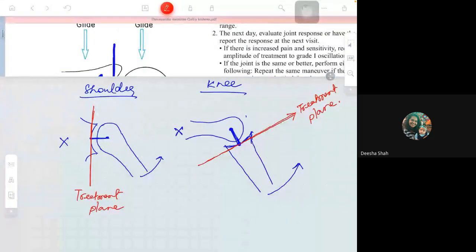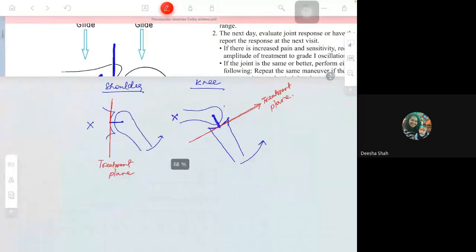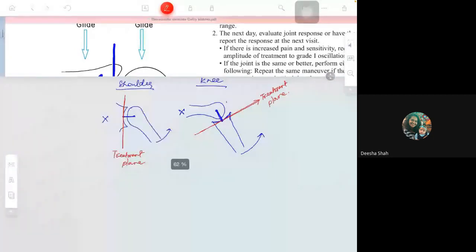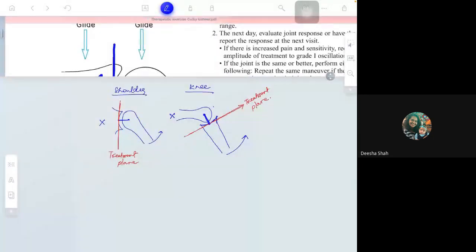Yes, sir. So now you listen carefully. I am drawing the second diagram. Now the bone has moved. Which bone? The convex bone has moved, because this is fixed.